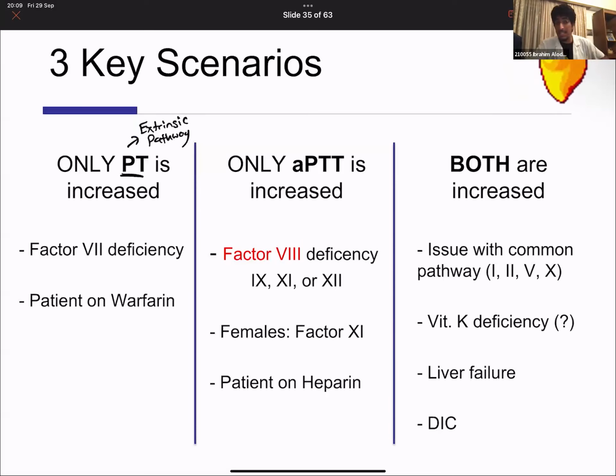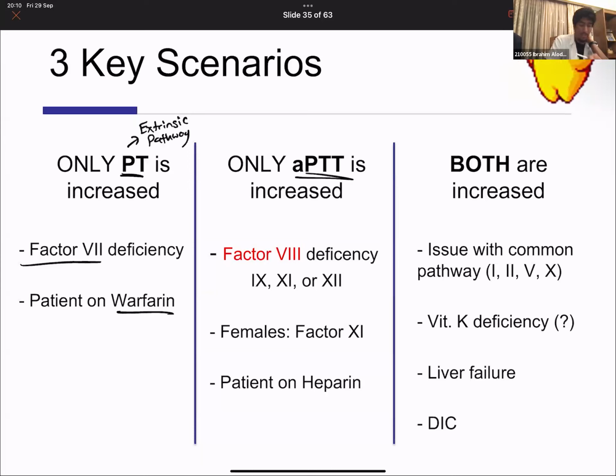If only the PT is prolonged, there are 2 possibilities. Either this patient has a factor 7 deficiency, or this patient is on warfarin. If the only thing that is prolonged and abnormal in this patient's tests is PT, these are the only 2 possibilities. Either their factor 7 is deficient or they're on warfarin.